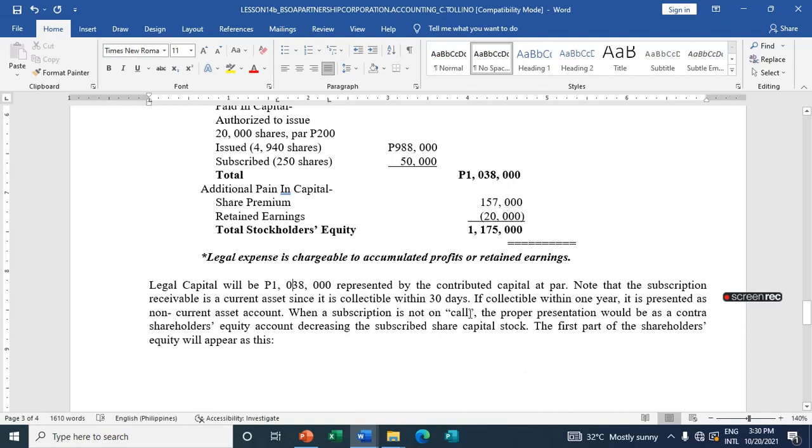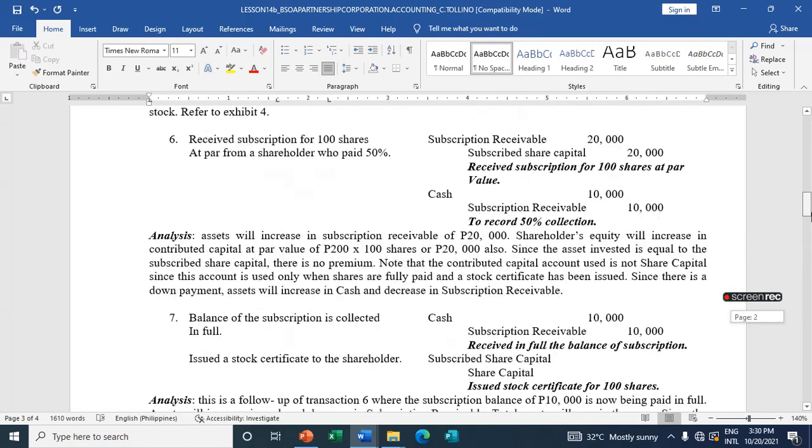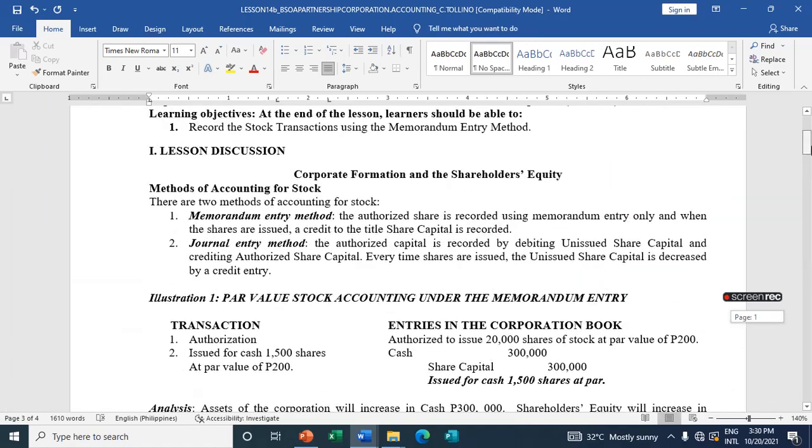If it is collectible within 1 year, it is presented as a non-current asset. When a subscription is not on call, the proper presentation is as a contra shareholders' equity account, decreasing the subscribed share capital stock. So, that is all about the memorandum entry method.